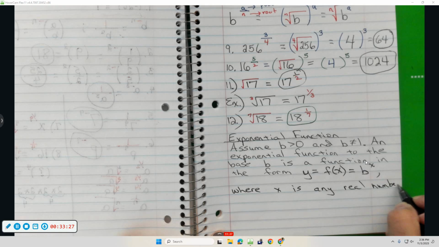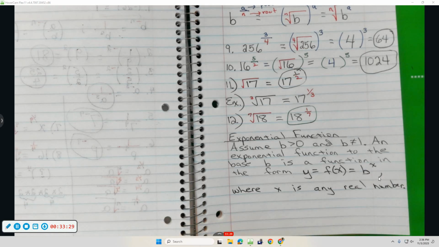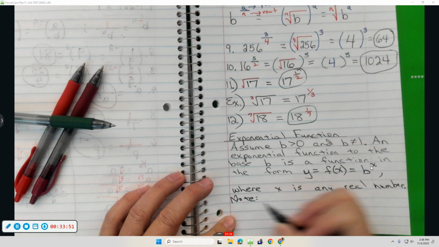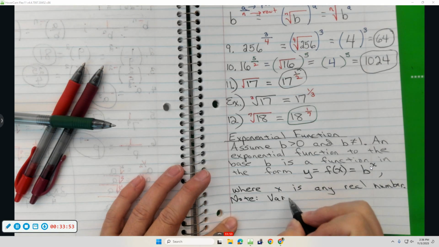Really, I should have just given you the condensed definition. What's special about exponential functions is that the variable is located in the exponent. Up until now, we've had x squared, x cubed. It was always variable to a power. Now, what's different is that the variable is in the exponent.